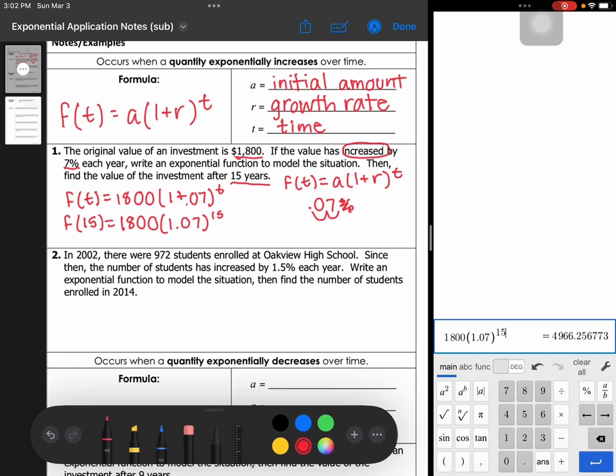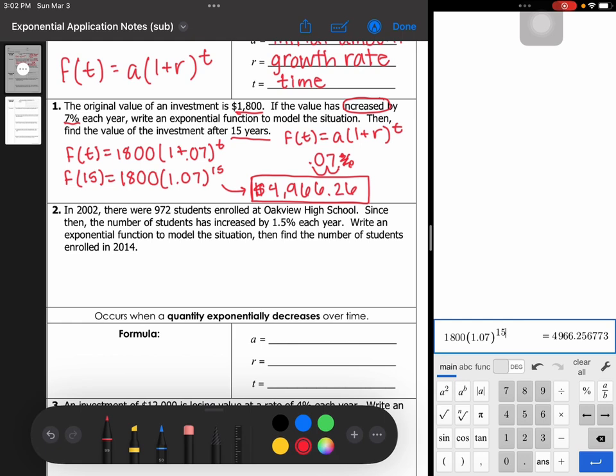And since we're talking about money here, we always want to round to the nearest cent, or two numbers after the decimal. So that means I'm going to have $4,966 and 26 cents after 15 years when I initially invest $1,800.